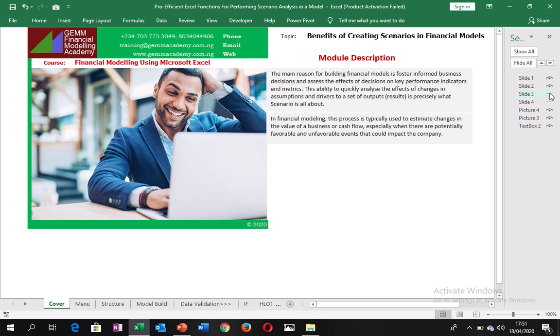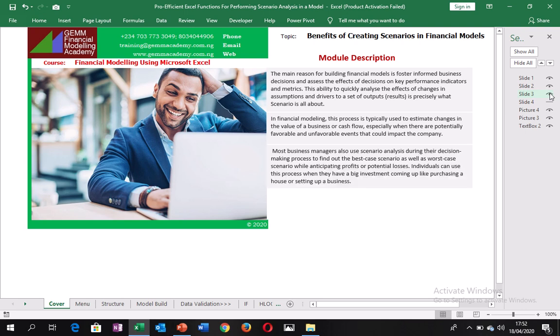So, in actual fact, the impact of the decisions on the KPIs is measured on how they impact the company, either favorably or unfavorably, and this is one key feature of scenario analysis.